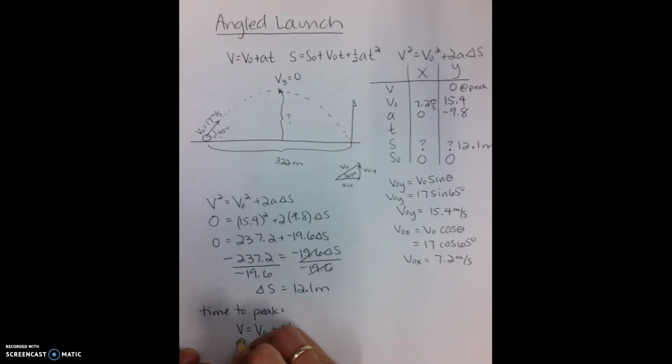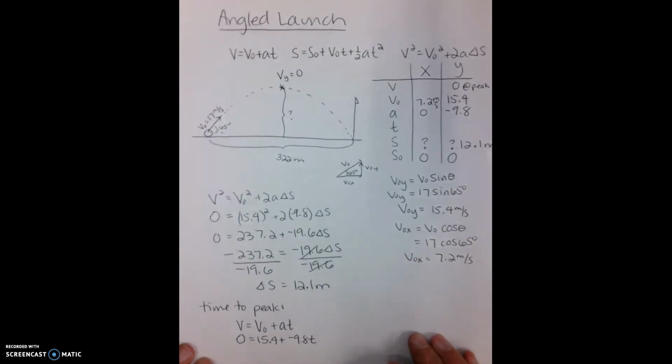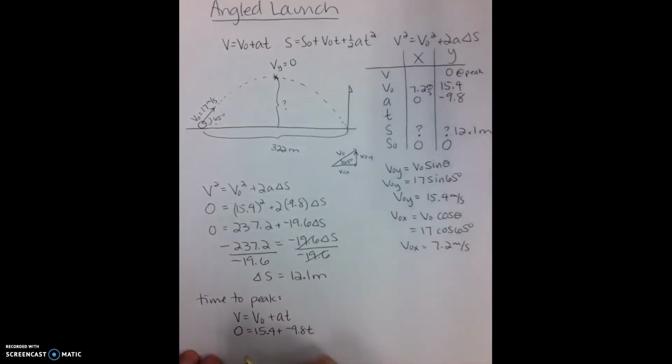V is 0 at the peak, V naught is 15.4, A is negative 9.8, and then time. So I get negative 15.4 divided by negative 9.8 equals T, and the time to the peak is 1.57 seconds.